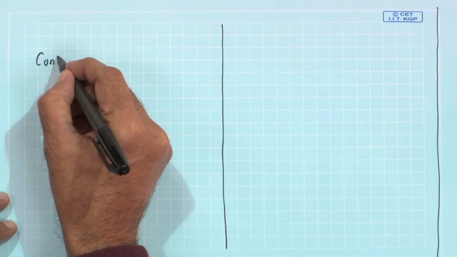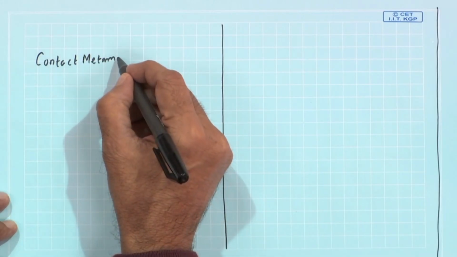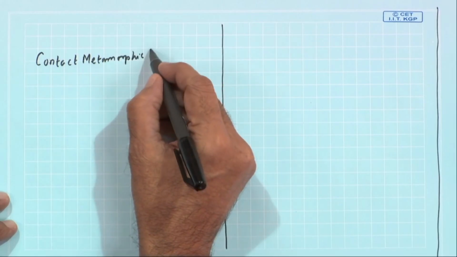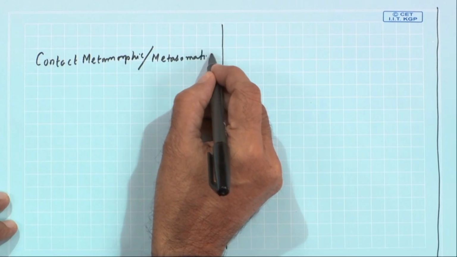Here the deposits result from the interaction of this felsic magma, a felsic intrusive body within the crust, where there are some pre-existing sedimentary sequences, and here we broadly categorize them into the contact metamorphic or contact metasomatic deposits.